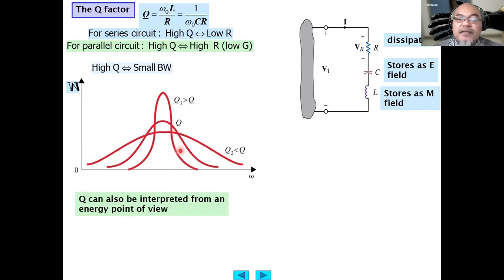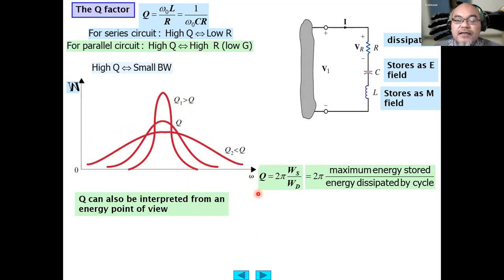So Q can also be interpreted from the energy point of view. As we know, Q equals 2 pi times the maximum energy stored divided by the energy dissipated per cycle. This is another definition of the quality factor. Basically, the energy stored is in the capacitance and inductance, while the energy dissipated is in the resistor.